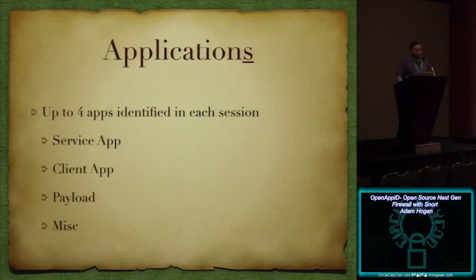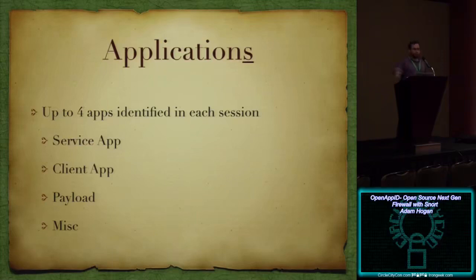All right, so once it's up and running, now we can actually watch the traffic going through the Snort process to identify applications. And in fact, you can get 4 different applications identified in each session. So if you go out and you're doing something on Facebook, it might come back and say, well, the service application is this web server.